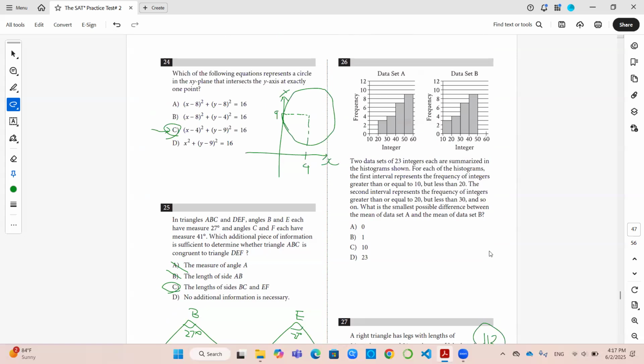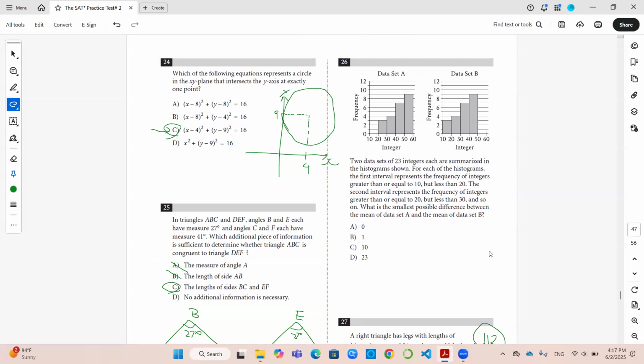Okay, question 26. Two data sets of 23 integers are summarized in the histograms shown. For each of the histograms, the first interval represents the frequency of integers greater than or equal to 10 but less than 20. The second interval represents the frequency of integers greater than or equal to 20 but less than 30, and so on.